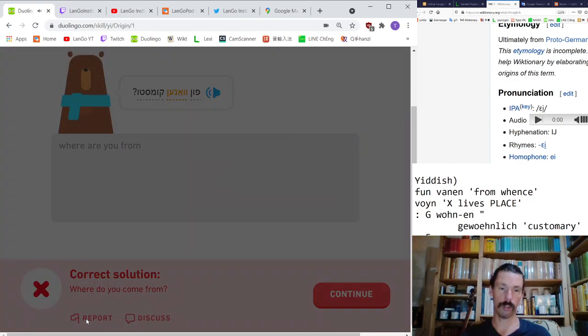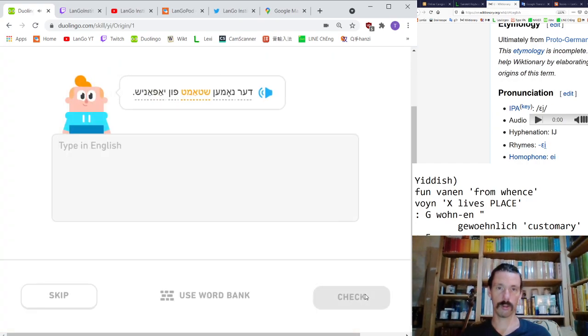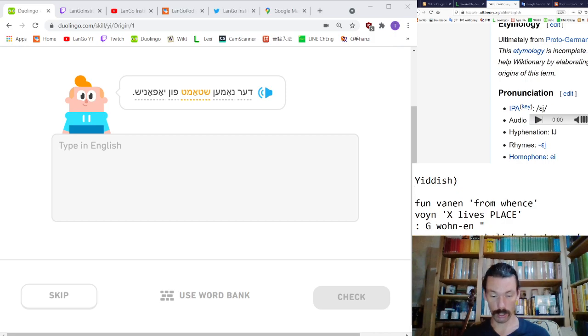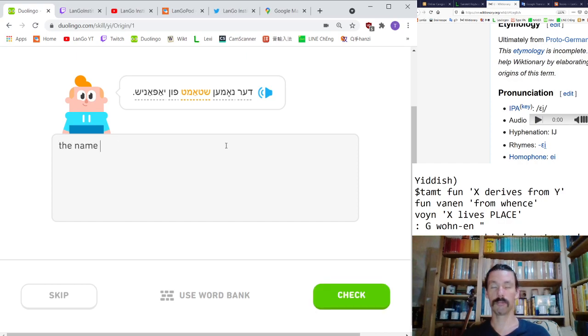Okay, as you wish. Der Nomen stammt von Japanisch. Stammt. Recognize this, Levi. Yiddish. Use a $ for a sh to get in a single space. Stammt means X derives from, comes from Y. Der Nomen comes from, stammt von Japanisch.